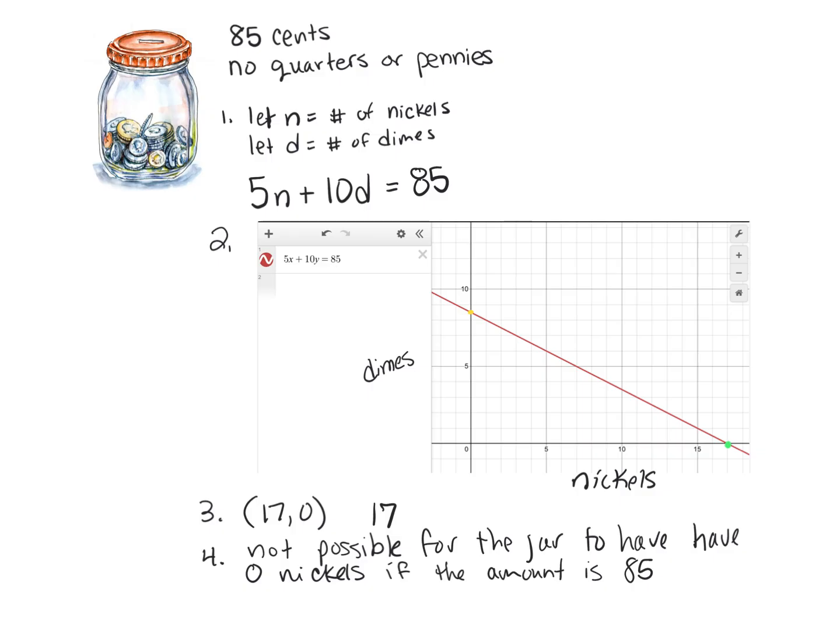So for example, this point right here would be if we have 5 nickels and 6 dimes. And then we could extend this problem to include other denominations of money. What if we could have quarters? What if we could have pennies? Then we can start to imagine the different possibilities as well.